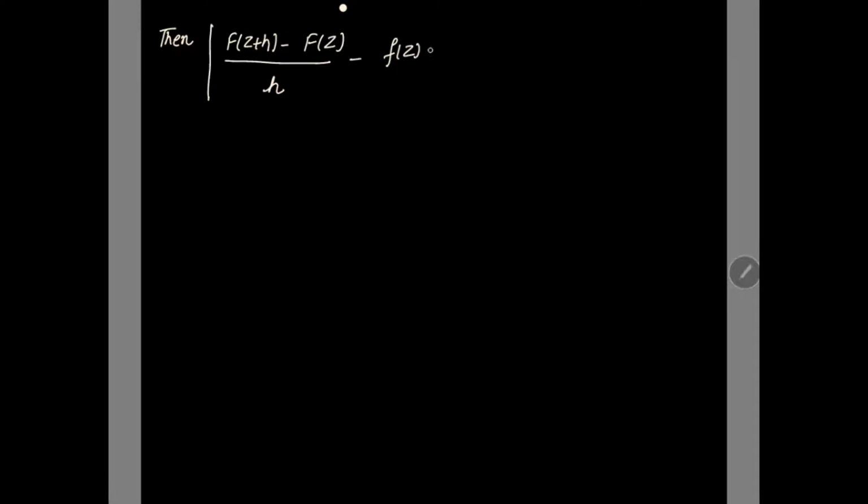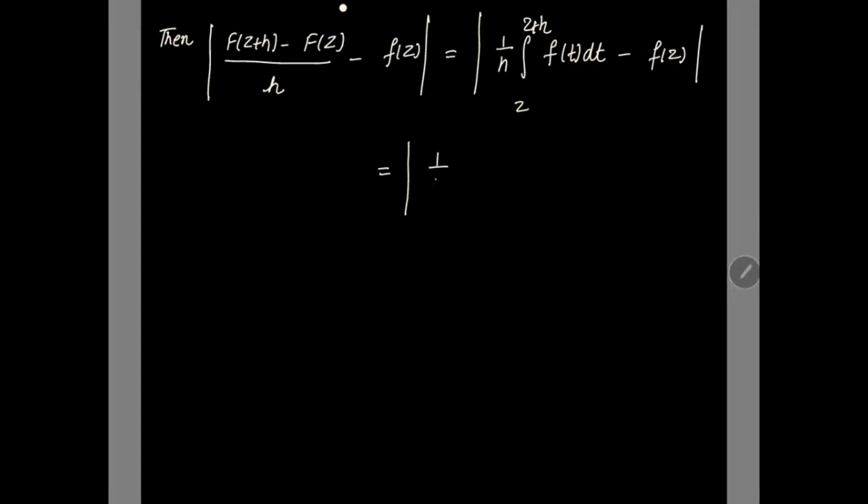I am subtracting this, which is equal to mod of 1 over h integration from z to z plus h of f(t) dt, and subtracting f(z). Next step is very clearly, just say this 1 over h, I'm taking f(z) inside the bracket with f(t) minus f(z).